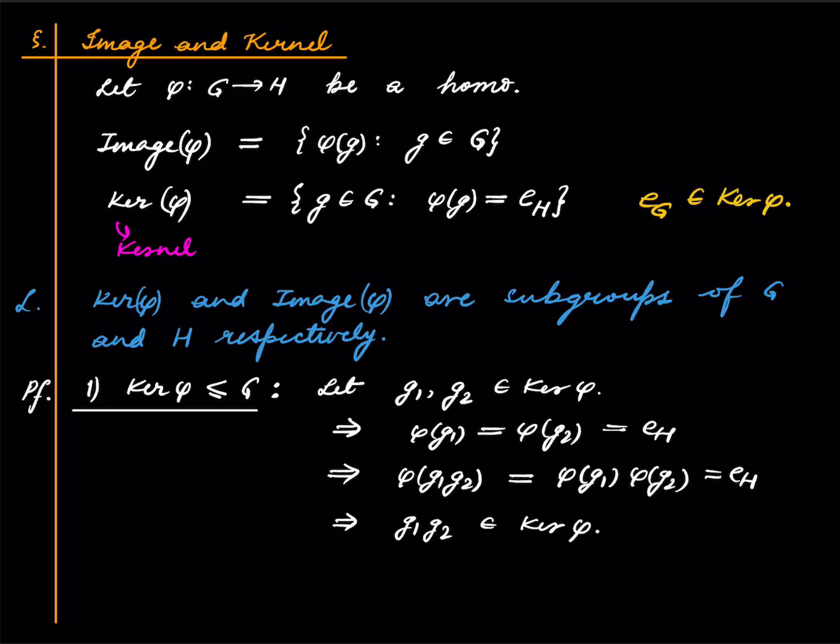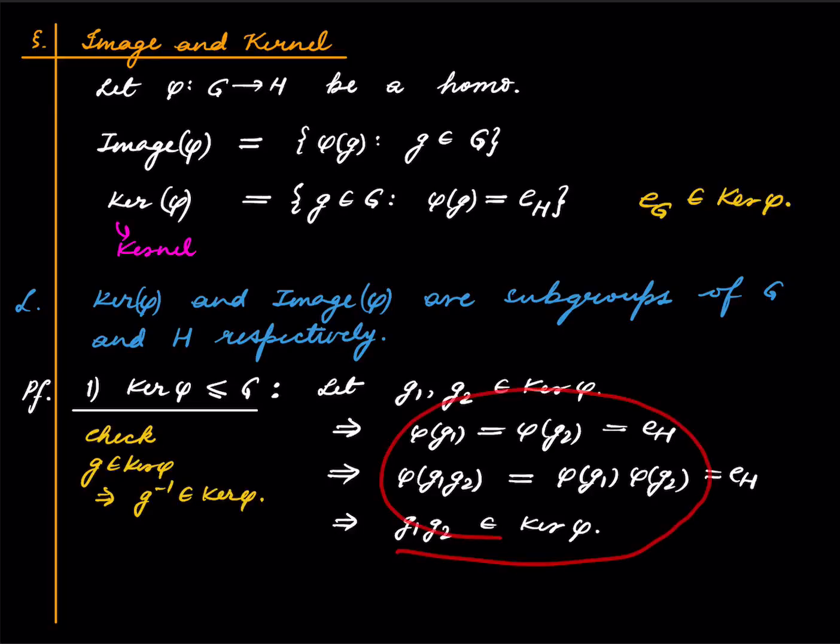And this shows one of the properties that we need to check in order to check that kernel phi is a subgroup. So check as an exercise that if G is in kernel phi, then G inverse is in kernel phi. So once you do this exercise, just combining this and that, we have proven one.